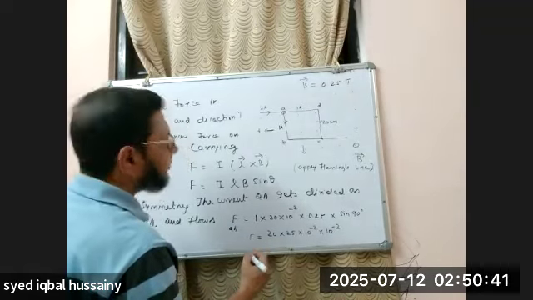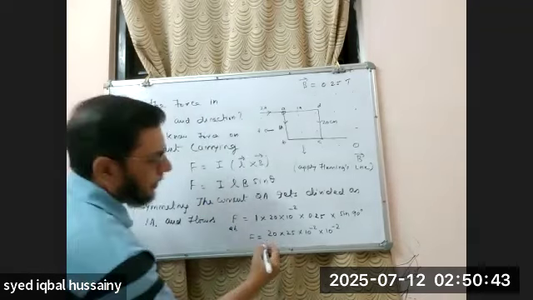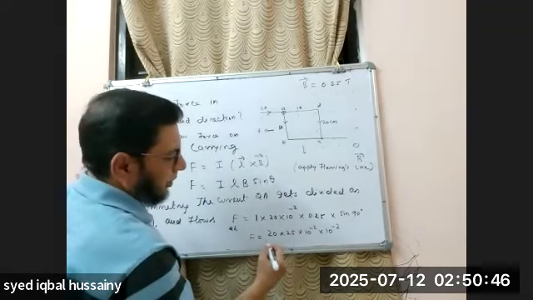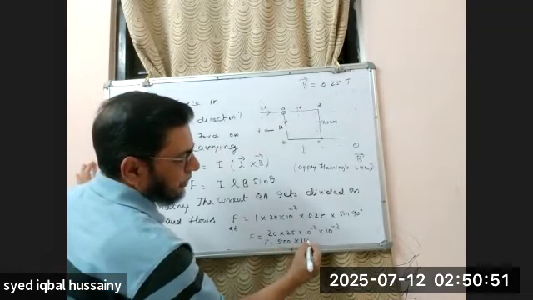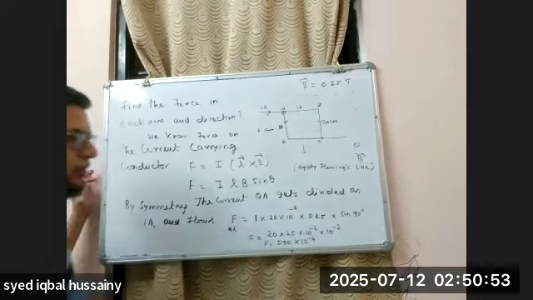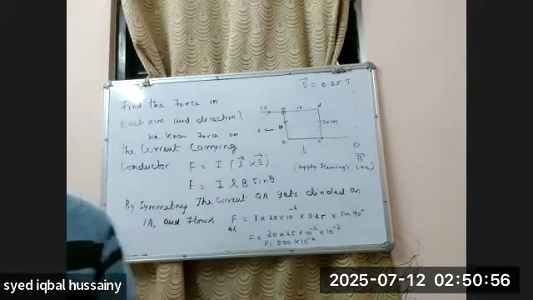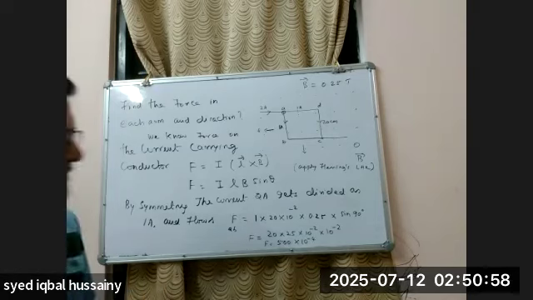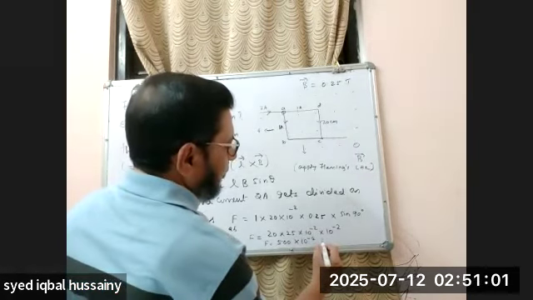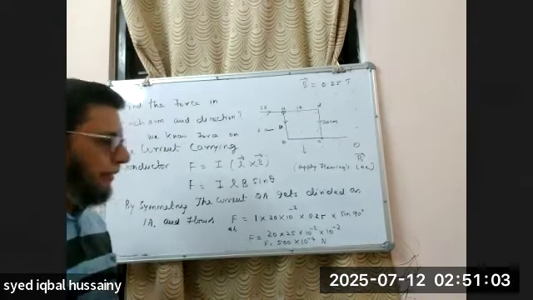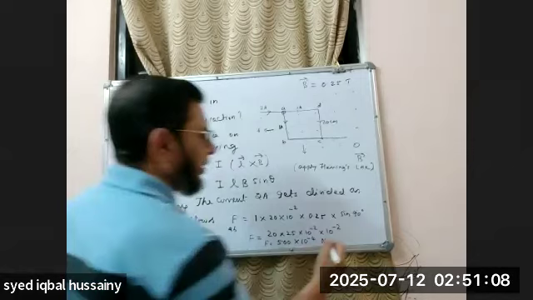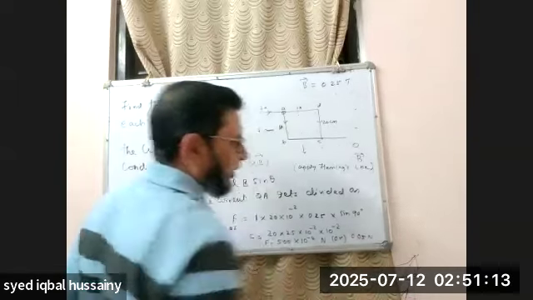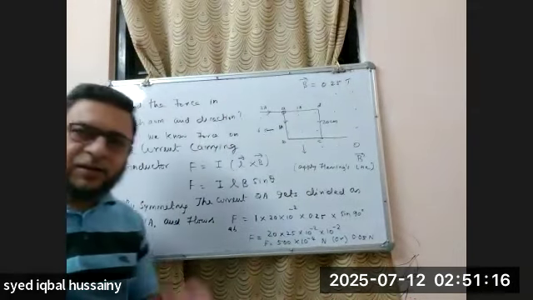F equal to 500 into 10 to the power minus 4, which is equal to 5 into 10 to the power minus 2 Newton. So the answer is 0.05 Newton.